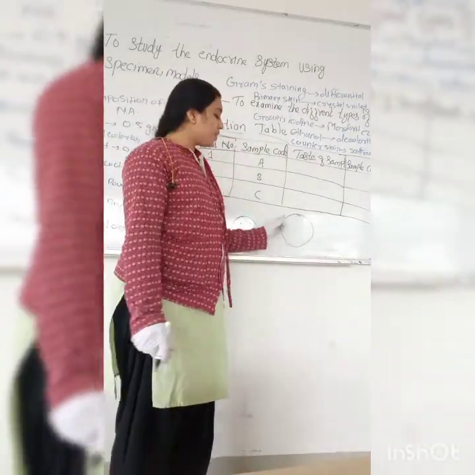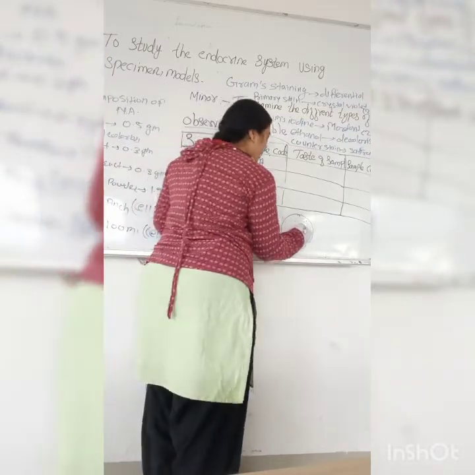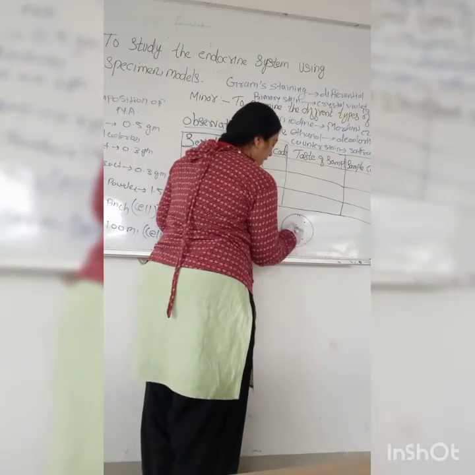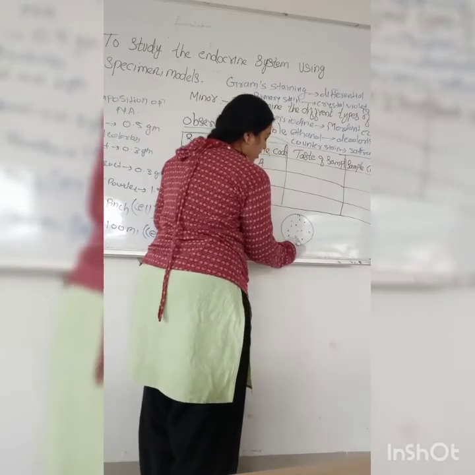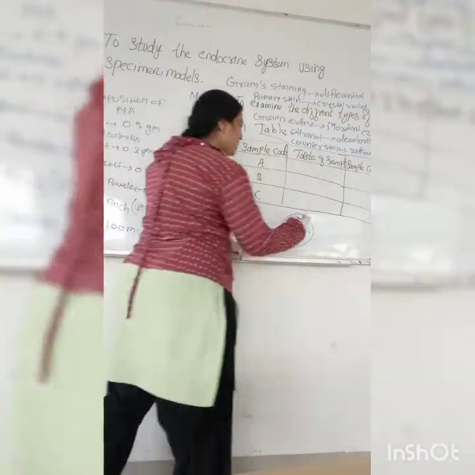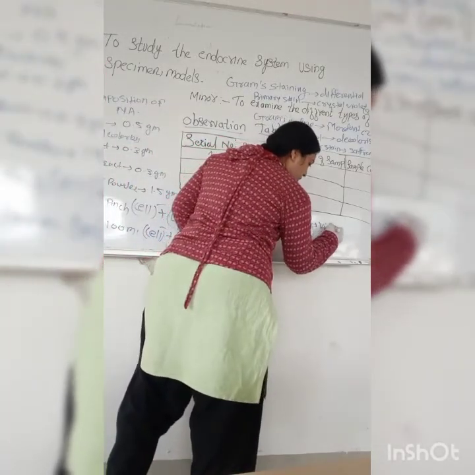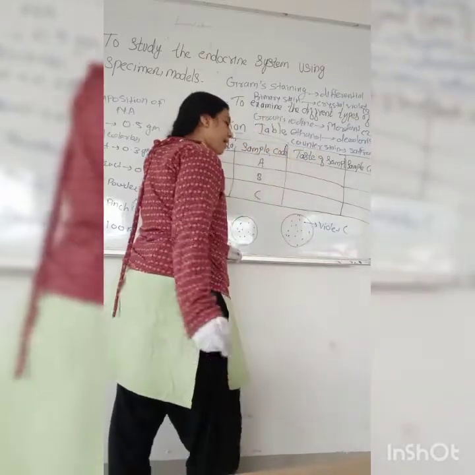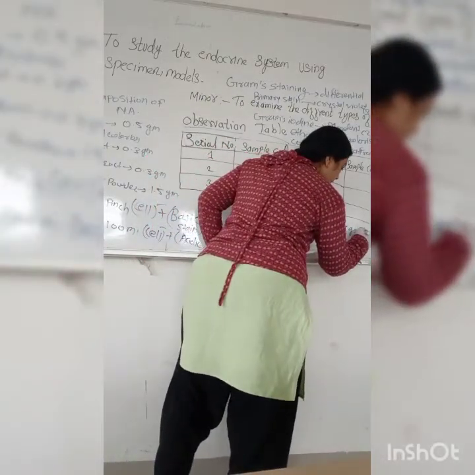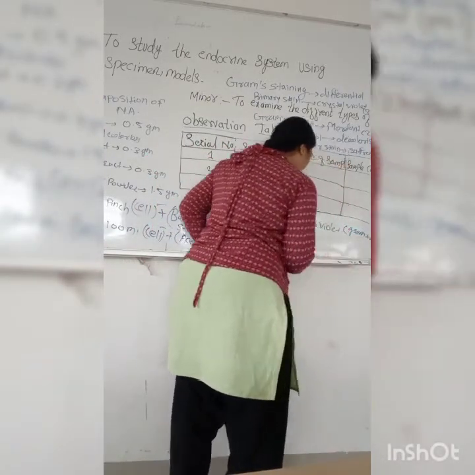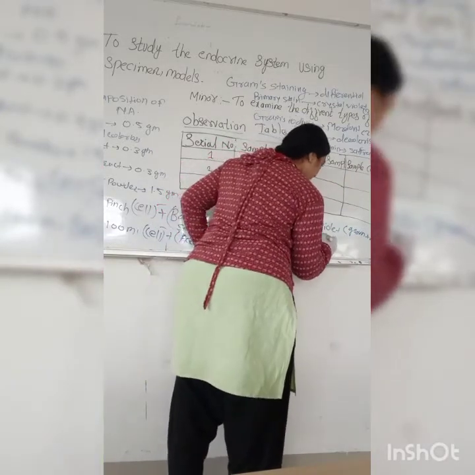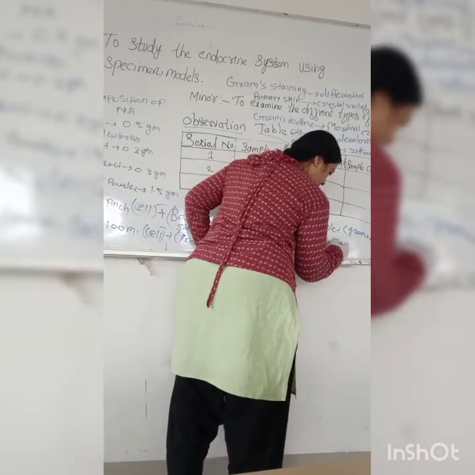When we observe it under the microscope, we can see pink and violet colored organisms. The violet color means they are gram positive, and the pink color means they are gram negative.